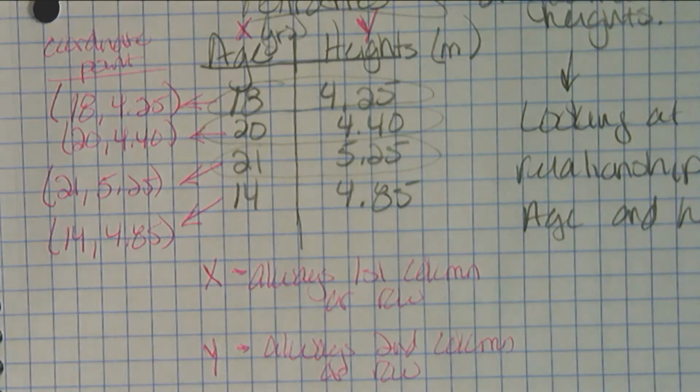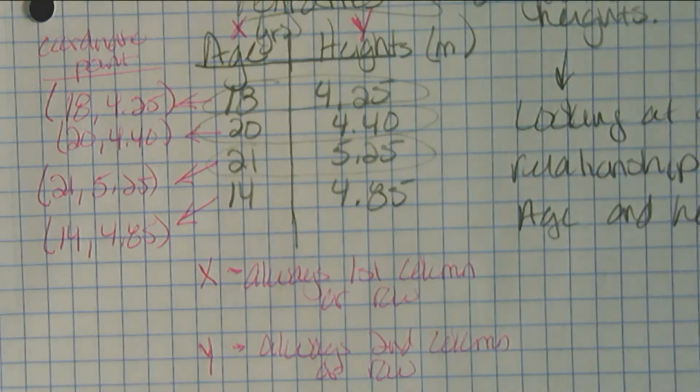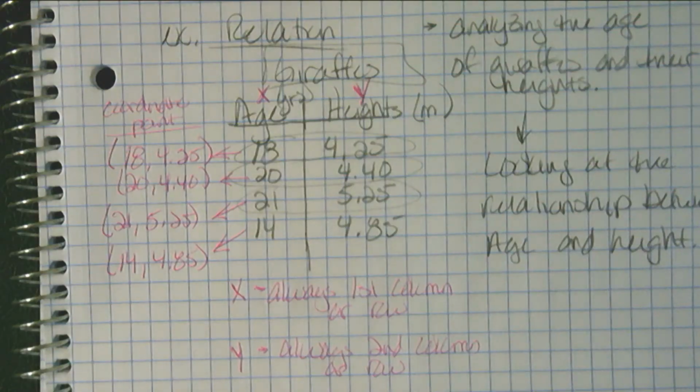Are 20-year-old giraffes all around the same height? Just like with humans, there probably isn't, but there might be. I don't know enough about giraffes. They're looking to see if you can state that the older they get, the taller they're going to be, and that's always going to be the case. And that an 18-year-old giraffe's always going to be around 4.25 meters. They're looking to see if they can say that.